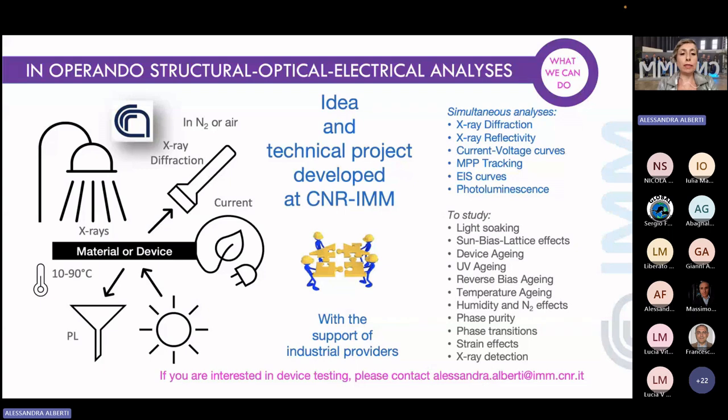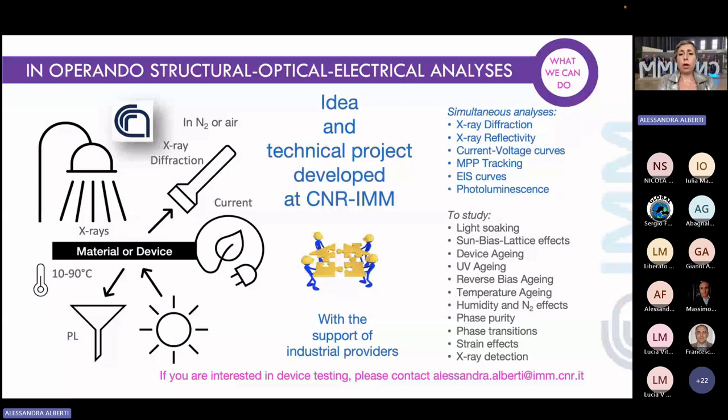You can also fix the temperature, if you like, from 10 to 90 degrees C. And also you can choose the environment for keeping the samples, pure dry nitrogen, or air, or vacuum if you want. So it's the new frontier. Operando analyses are the new analytical frontiers that we want to exploit in the project.